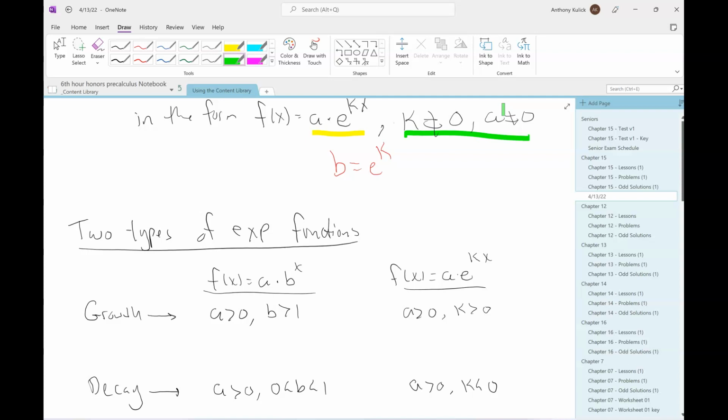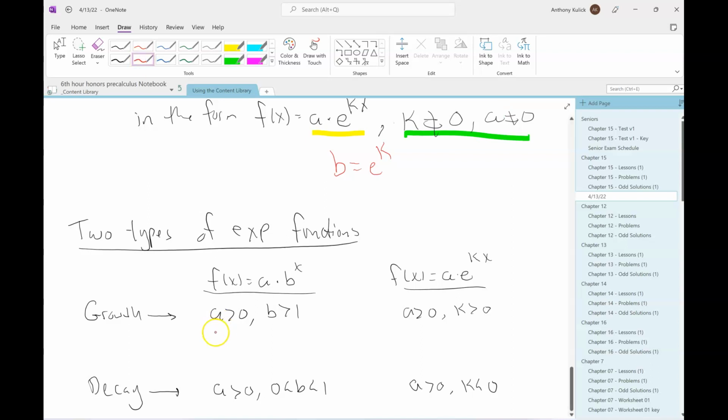Why can't those be 0? Because they just end up into a constant function if we allow them to be 0, right? Same kind of reason we went over before, which was why it was kind of obvious, but I'm going to state it anyways, right? Just to be specific.